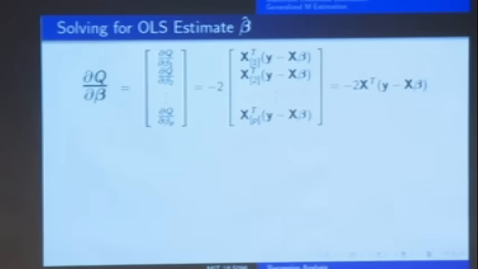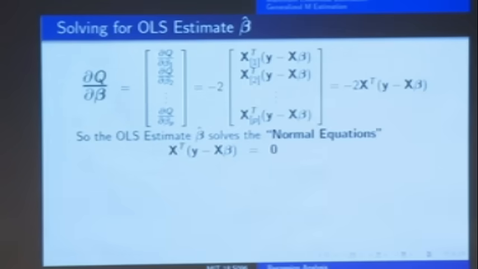And this has to equal 0. If we simplify, taking out the 2, this set of equations must be satisfied by the ordinary least squares estimate beta hat. And that's called the normal equations in books on regression modeling.